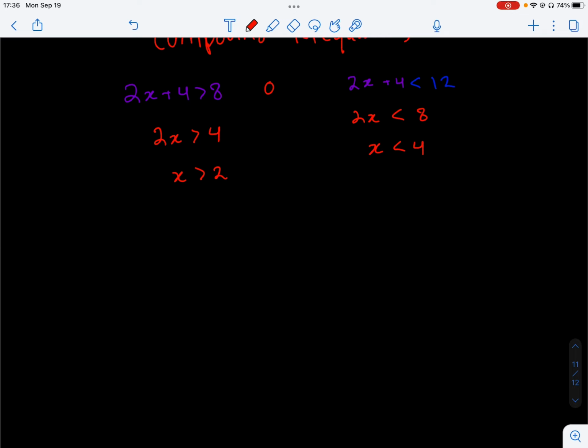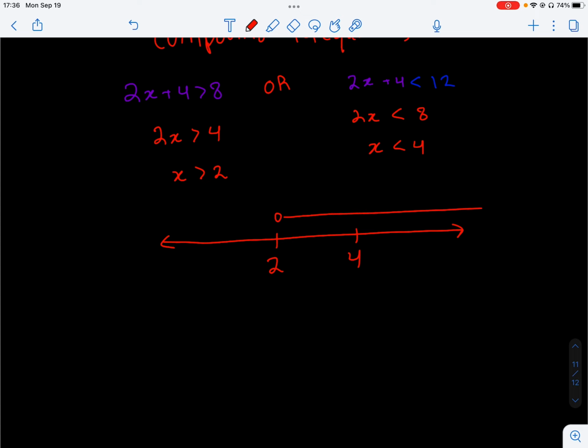Let's first consider the case where we have an or inequality. I can draw my graph. I have, for instance, the numbers 2 and 4, because that's what I solved for. Might as well use those. Well, here we have that x is greater than 2, so we have all these numbers. And then we have x is less than 4, so we have all of these numbers.